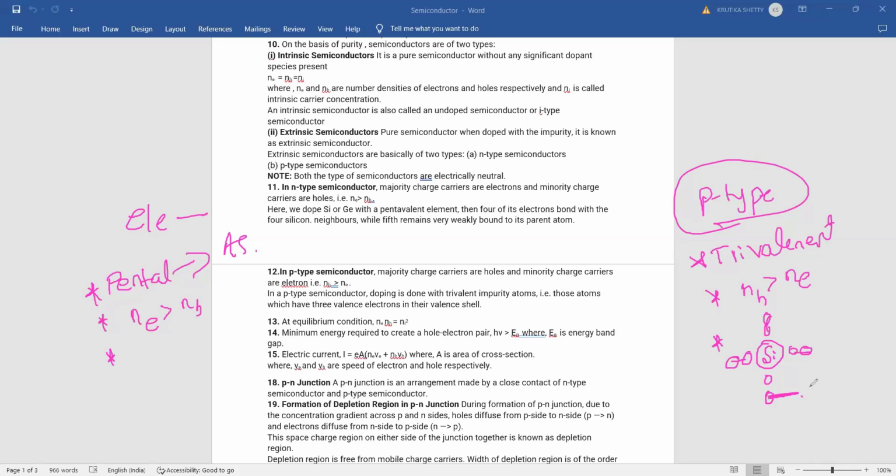This vacant place is called a hole. Holes are assumed to be positive charge carriers, whereas electrons are negative charge carriers. Examples of trivalent elements: aluminum, indium.